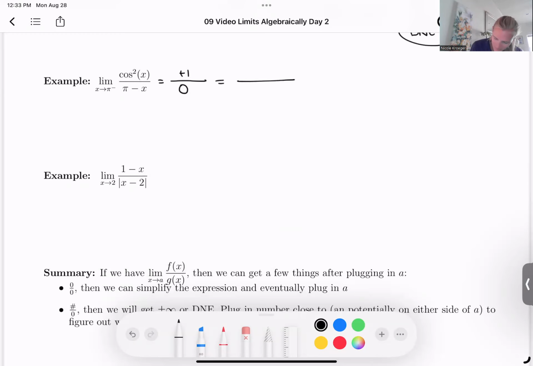If we plug in a number close to pi, but a little bit smaller, we're still going to get something close to 1 in the numerator. I put that in quotes because it's not exactly 1, but it's close to 1. We're still going to get something close to 0 in the denominator, because we're doing pi minus something a little bit smaller than pi, and this is going to be a positive number. So we have a positive number divided by a positive number close to 0. That will give me positive infinity.